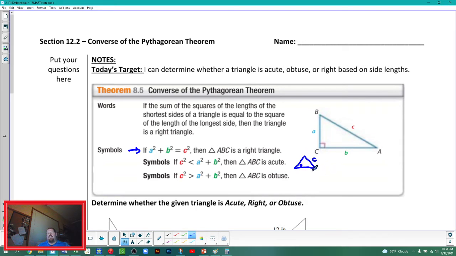And if c squared is bigger, if c is really big, then this angle here is guaranteed to be over 90 degrees. That's the best way I had to visualize it.